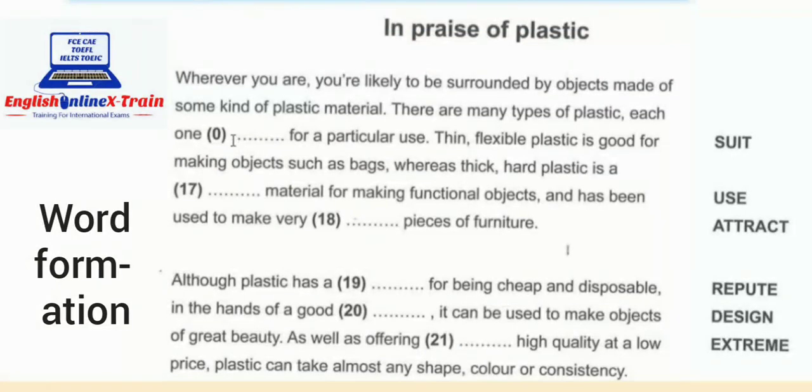And on the same line of every gap, you have a word. But the word has a form that doesn't correspond. What you have to do with the words here is to transform them so that they make sense when you put them in the gaps.